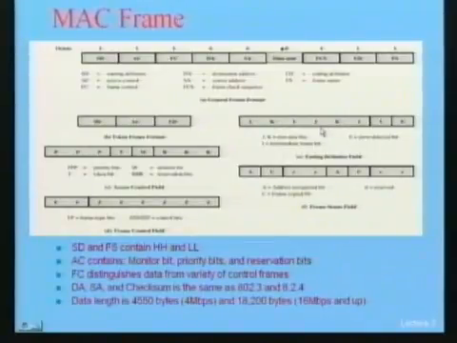The last thing in here is the length of the packets. If you remember, the length of the packet in 802.3 was how much? 1500 bytes. In here, for 4 megabit per second, you have 4550 bytes.